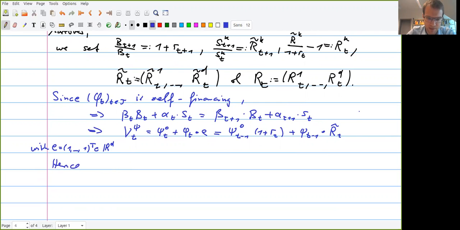What do we get from this? If I look now at the difference of the amount of money I have at time t and what I had at time t minus 1, let us use directly the formula I just derived for t, plus, and now let us use the definition again for t minus 1.